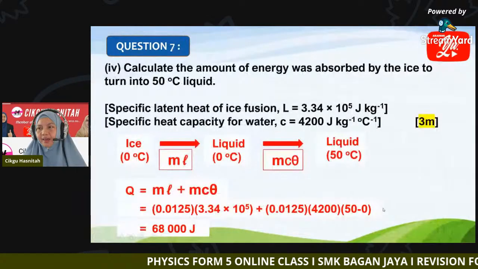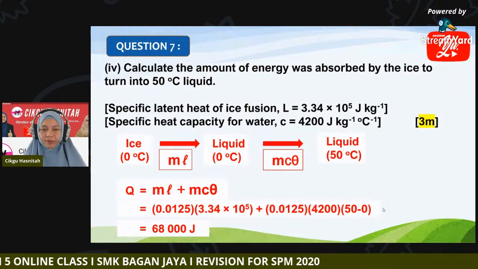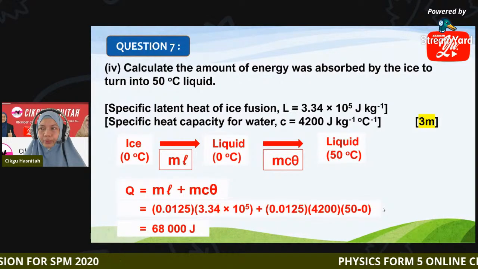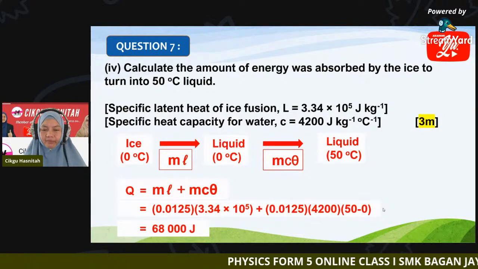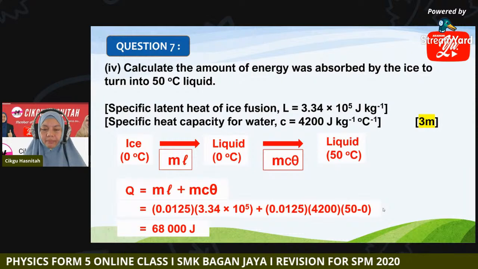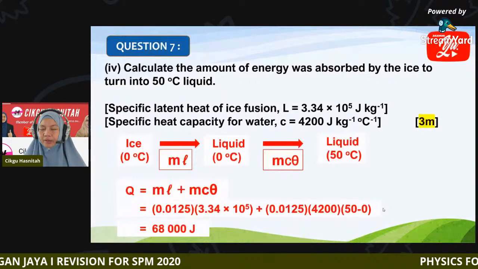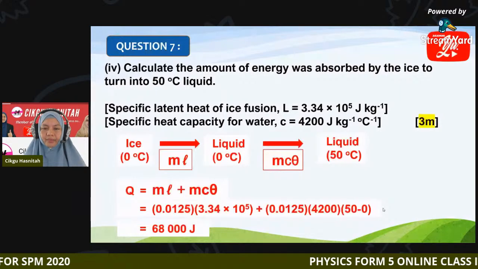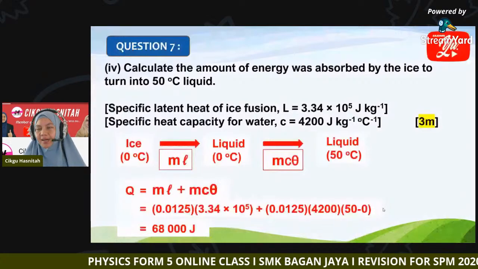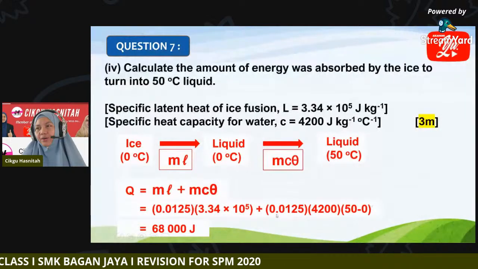If wrong, then we can make a correction. 0.0125 multiplied by 3.34 times 10 power of 5, and then we plus with 0.0125 times 4200 times 50. Okay, very well, Vinci. 6800 joule. Thank you for correcting me.